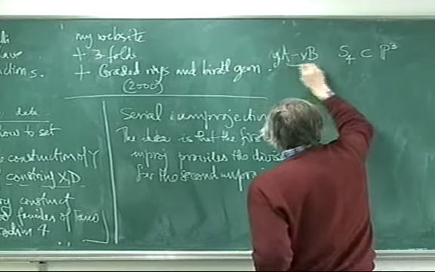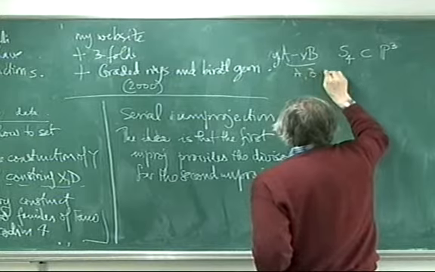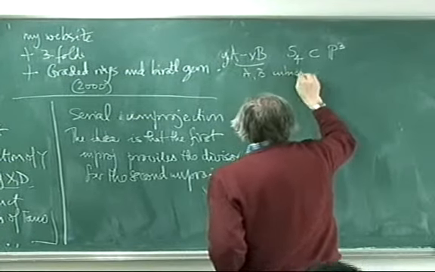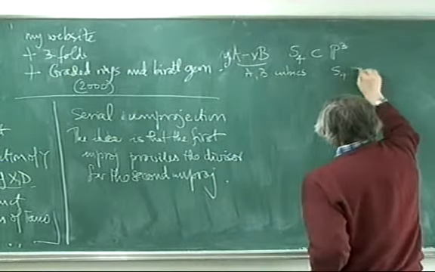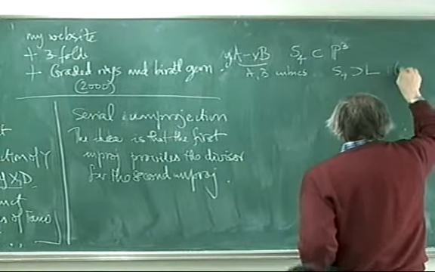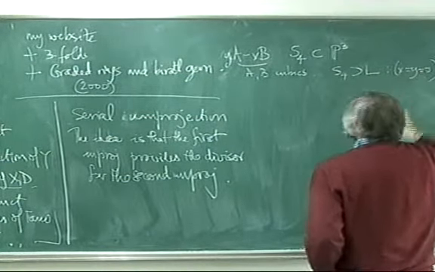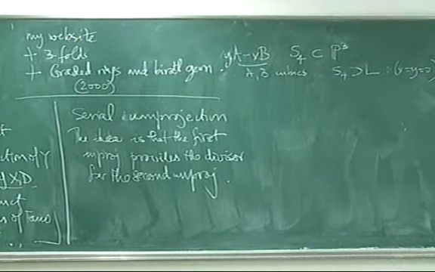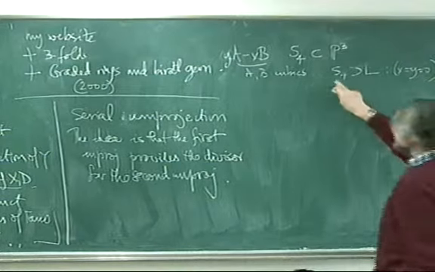Right, so now A and B are cubics, and S4 contains the line L, which is x equals y equals 0. So this is a nice, possibly non-singular surface in P3 containing a line.